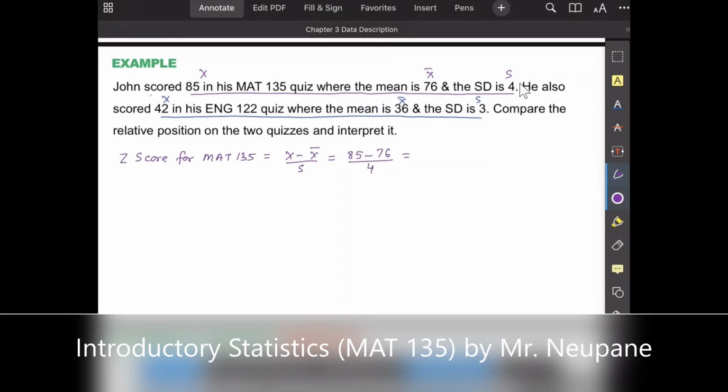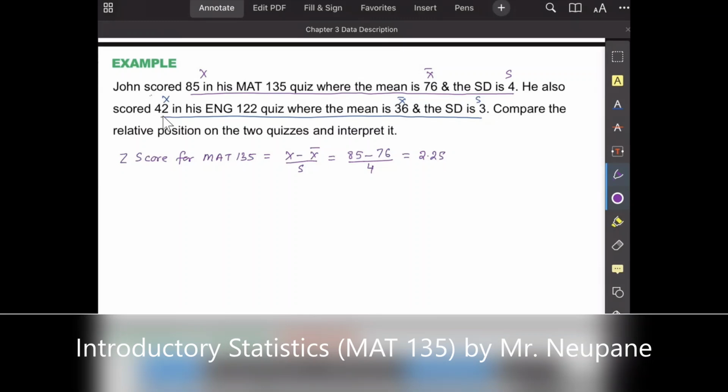Please perform this calculation on your calculator. First subtract: 85 minus 76 gives 9, and divide that by 4, and you get 2.25. Is that what you get? Yes. That is the z-score in Math 135.